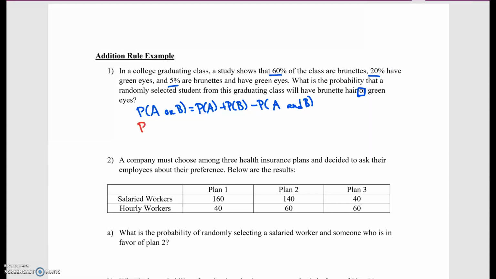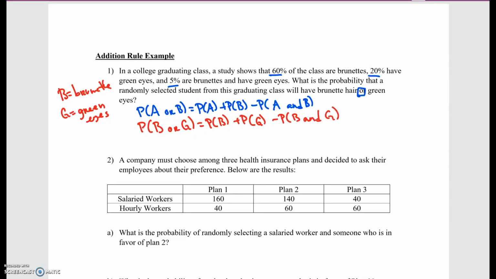We're looking for the probability of those that have brunette hair. Let B stand for brunette, and G stand for green eyes. So the probability of B or G is equal to the probability of being brunette plus the probability of having green eyes minus the probability of brunette and green eyes. This is what we're looking for.